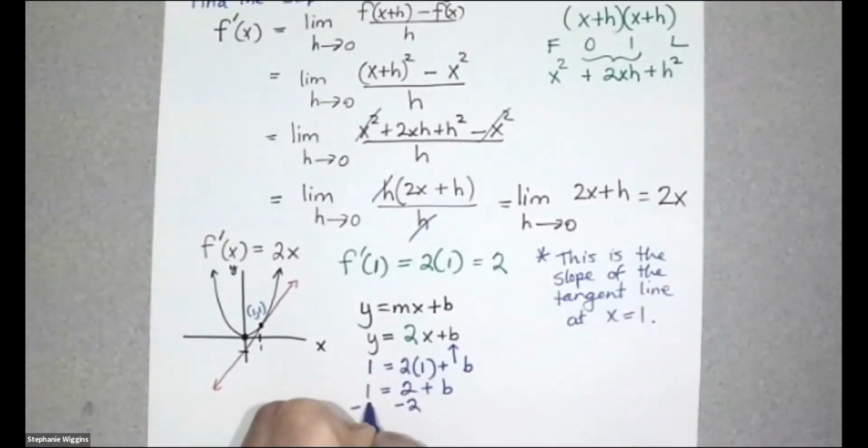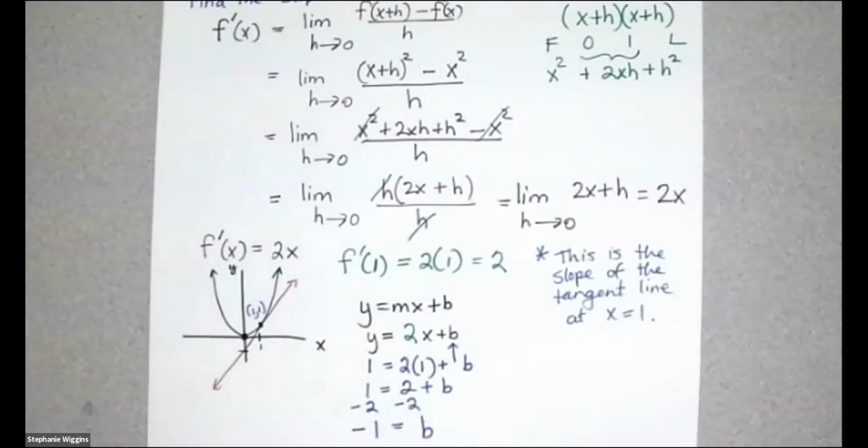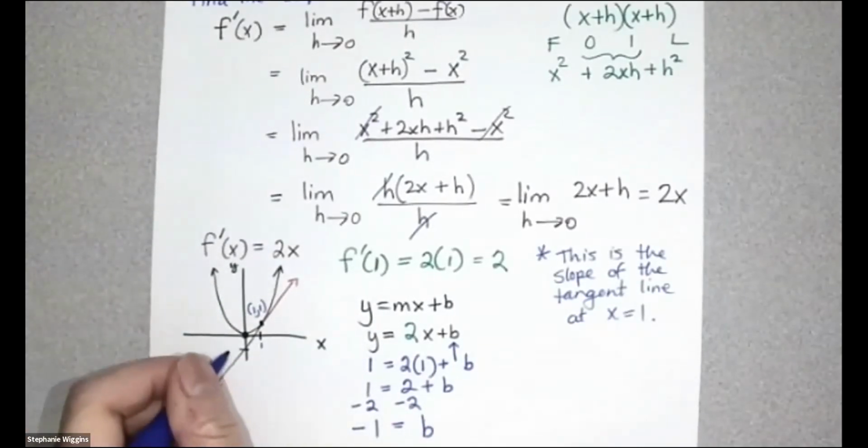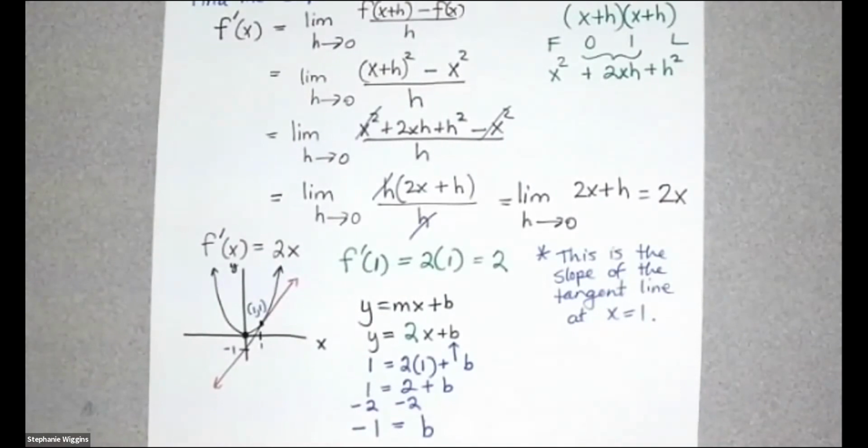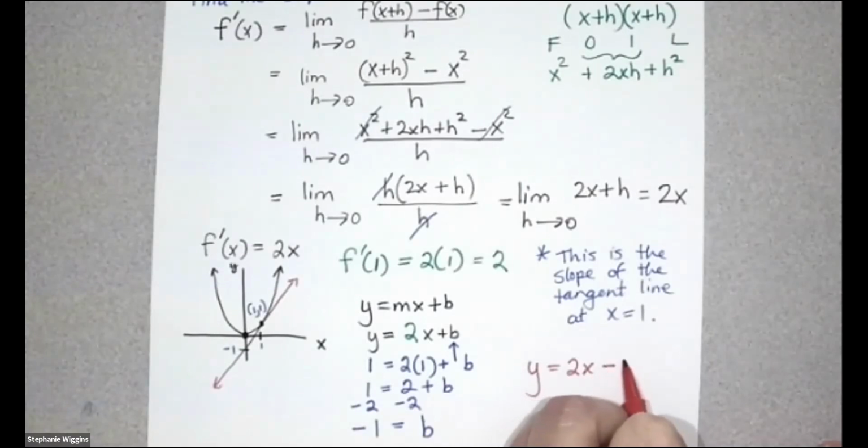If I subtract 2 from both sides, I get that b is equal to 1 minus 2, or minus 1. And that agrees with our graph. Notice that the red line intercepts the y-axis right here at -1. Okay, so we found the equation of our tangent line, the red one. y equals 2x minus 1.